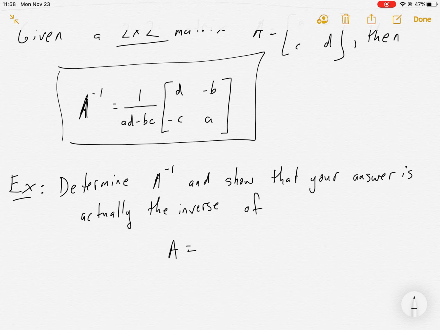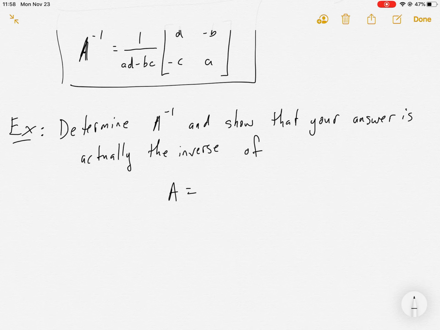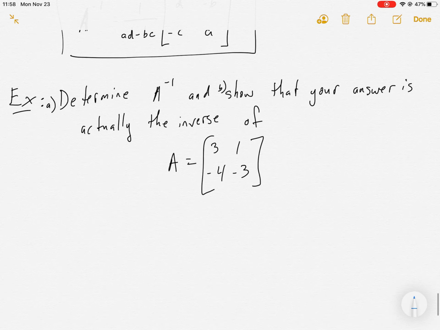And the matrix we're going to be doing this for is the one we just had to start with. I'll write it again here. 3, 1, -4, -3. Okay, so this is a two-parter. A is determine the inverse, and then B is to show. So the easier part maybe is just first determining A inverse.